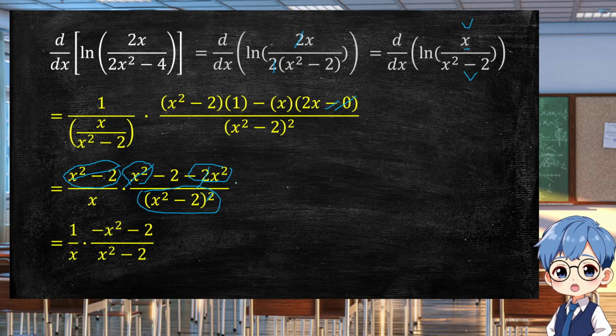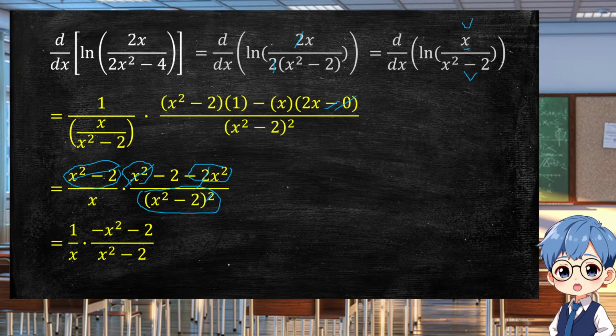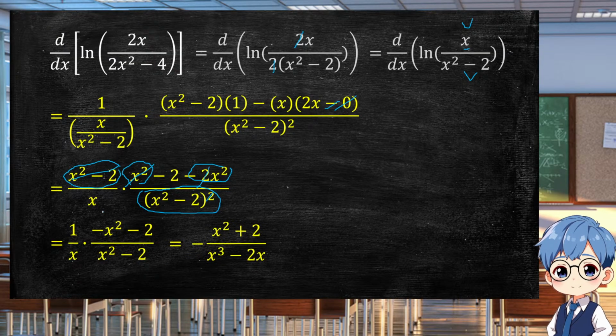So I just wrote the negative x squared here. So we have 1 over x times negative x squared minus 2 all over x squared. And then simplifying further, take note, we can factor out the negative. So this becomes positive x squared, and this becomes positive 2. And then the x in the denominator of 1 over x will be distributed to x squared.